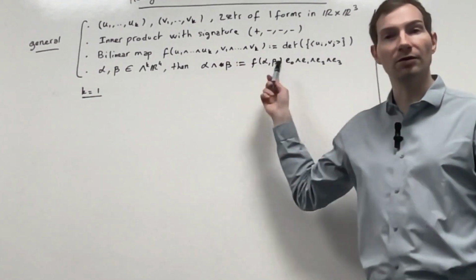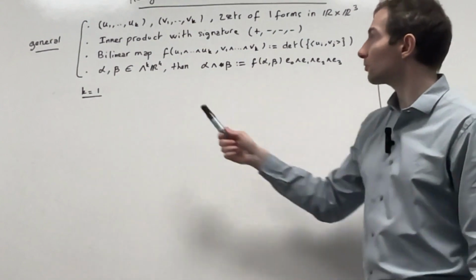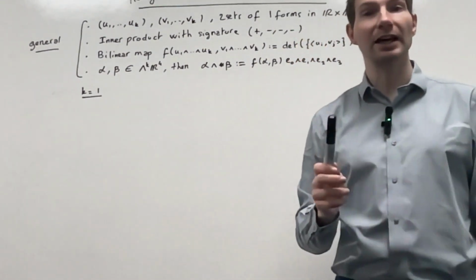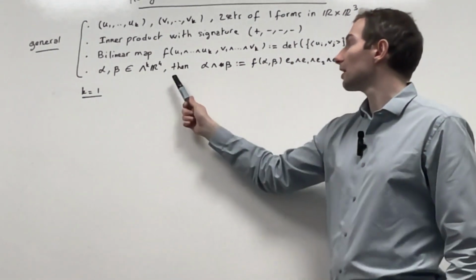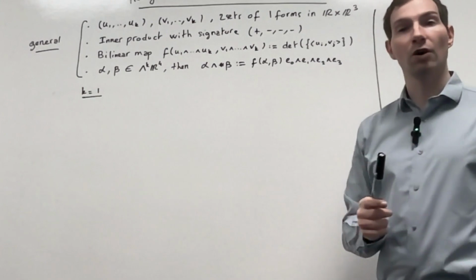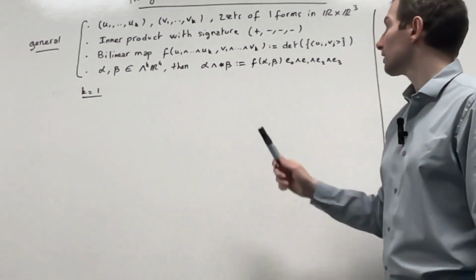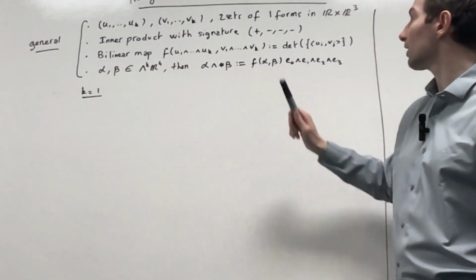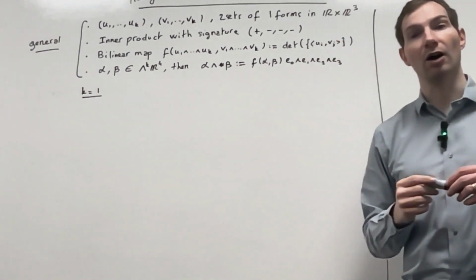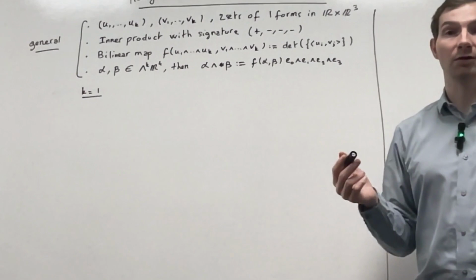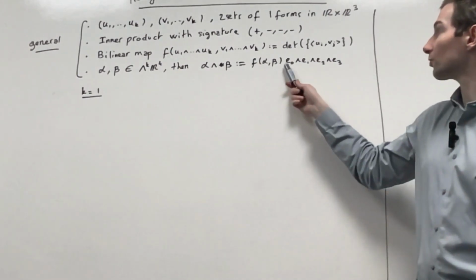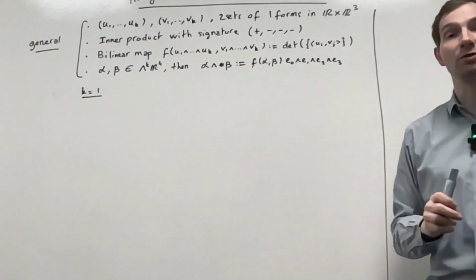So once we have all of that defined, then if we have alpha and beta, which are K forms in R4, then alpha wedge the Hodge dual of beta is by definition f of alpha, beta, times the so-called canonical volume form, here the canonical 4 form, which is E0, E1, E2, E3.